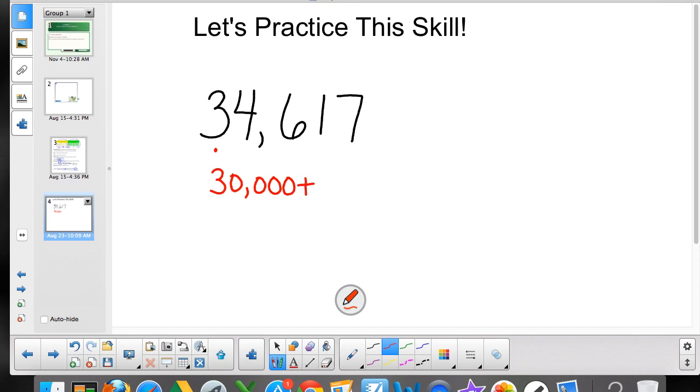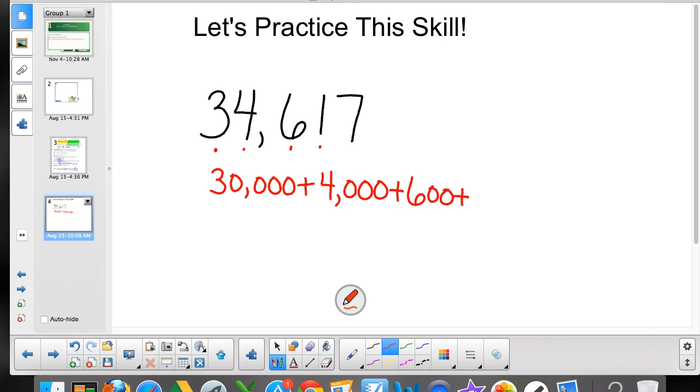plus, now we're looking at the 4. The 4's in the 1,000s place. So we're going to write it as a 1,000 plus, now we're looking at the 6. The 6 is in the hundreds place. So we're going to write it as 600.